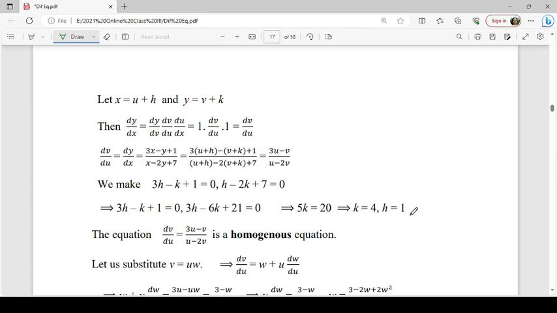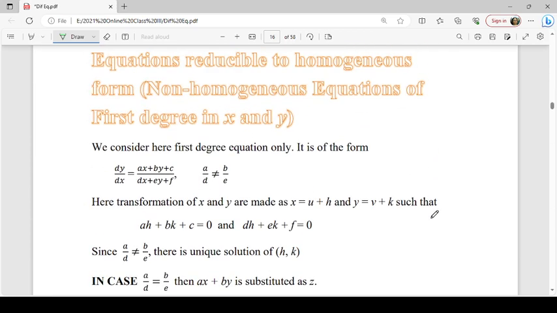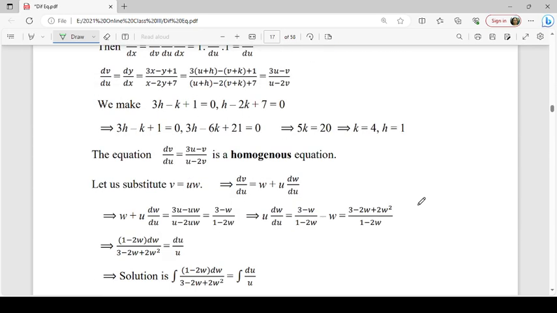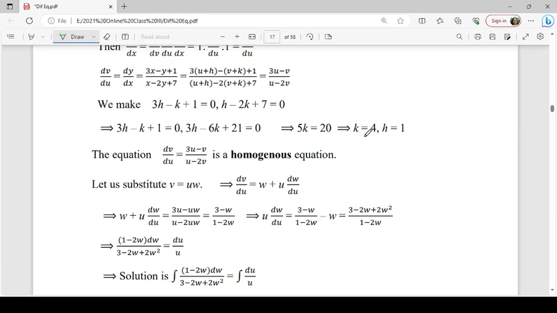And now we substitute. After getting h and k, we write x is equal to u plus h and y is equal to v plus k. So our substitution is now x is equal to u plus 1 and y is equal to v plus 4.